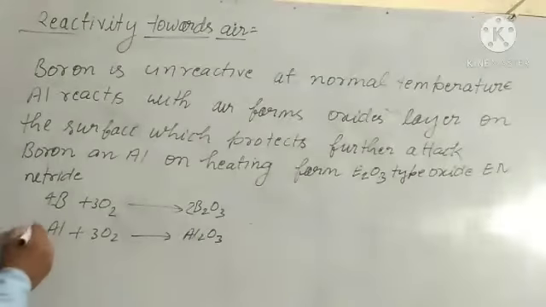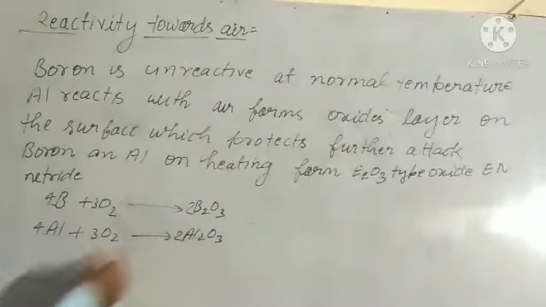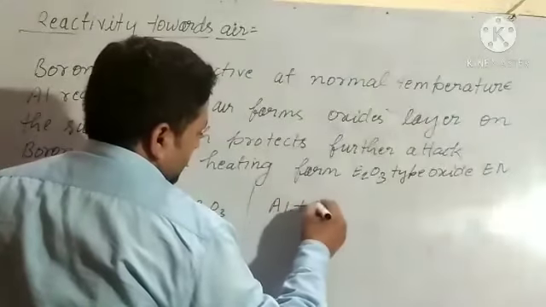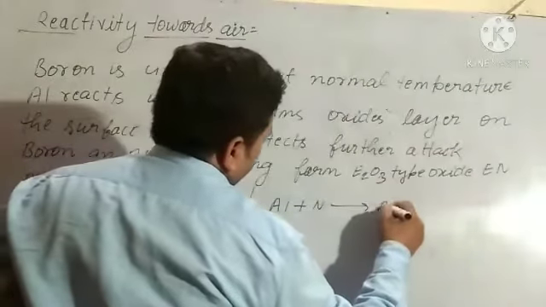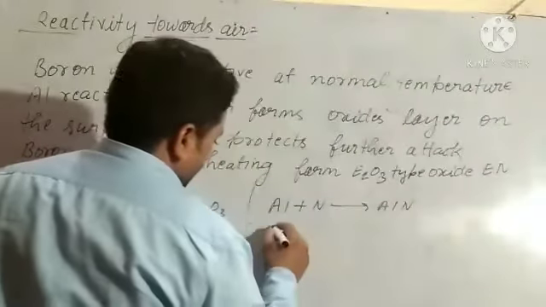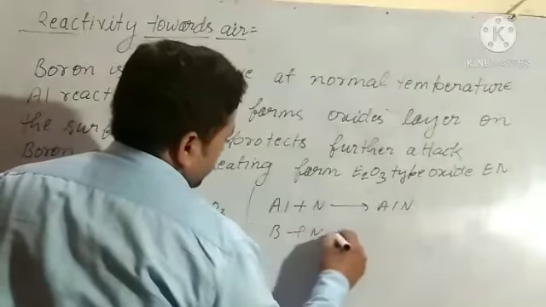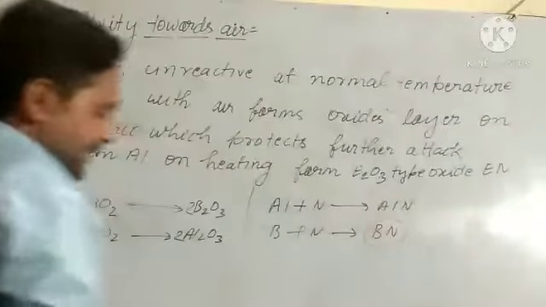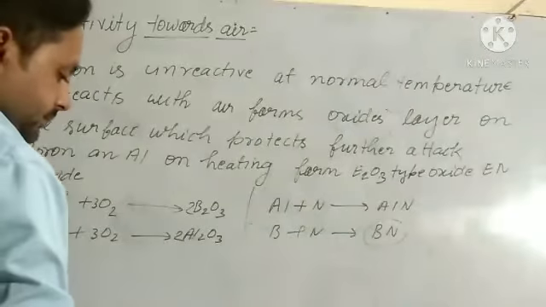So we can take 4 and 2 like this. And in air there is nitrogen also, so they react with nitrogen and form nitrides. Boron reacts with nitrogen and forms boron nitride.